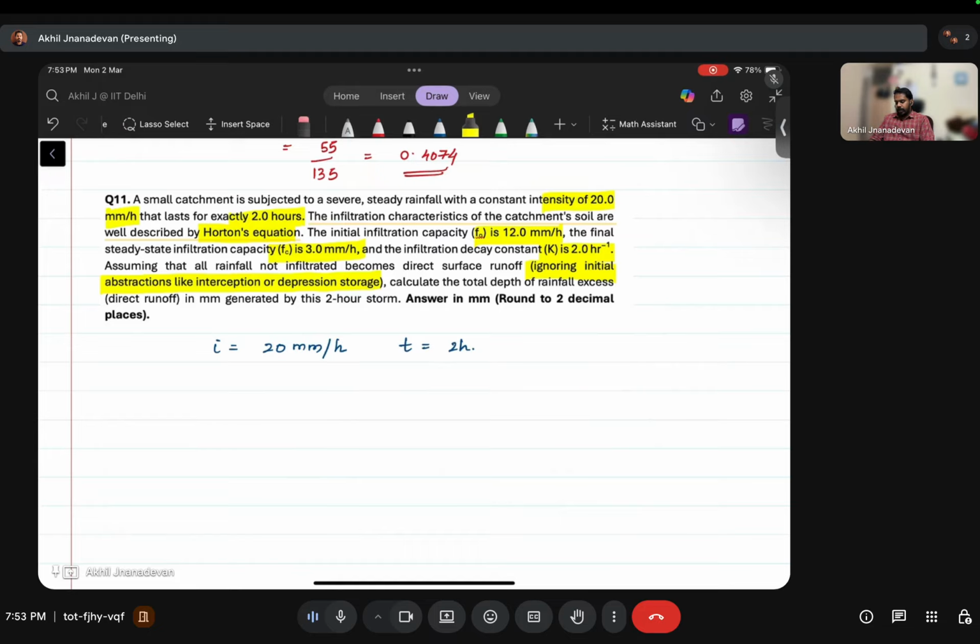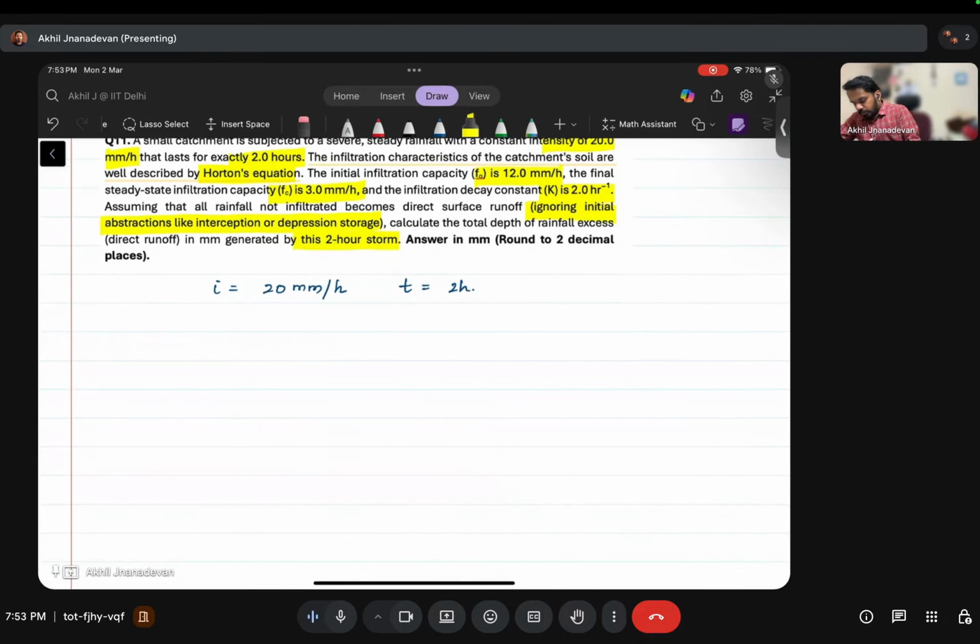So basically what they are saying here is that we have precipitation, and we need the rainfall excess, Pe, or runoff. We have to subtract infiltration, and we also have the abstraction losses, that is initial abstraction, interception losses and depression storage.